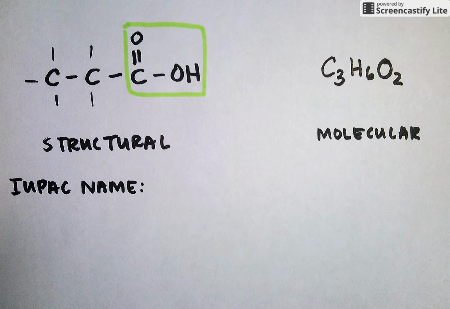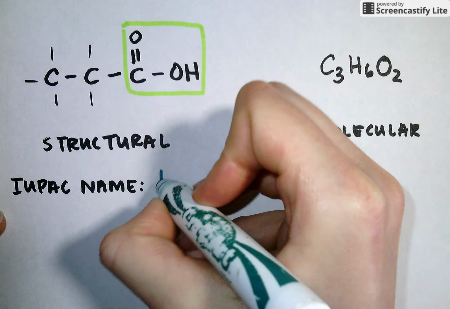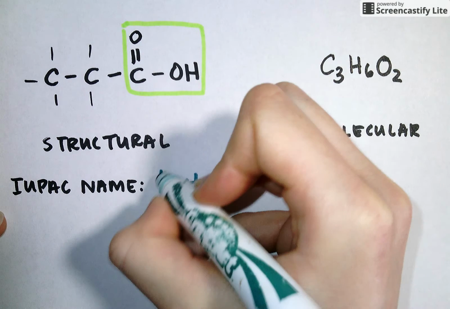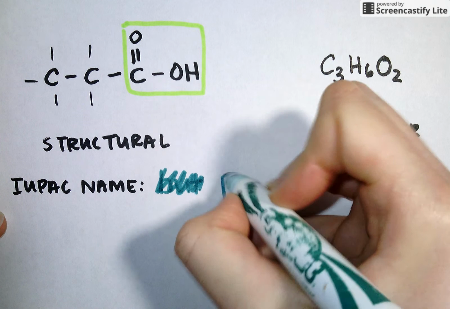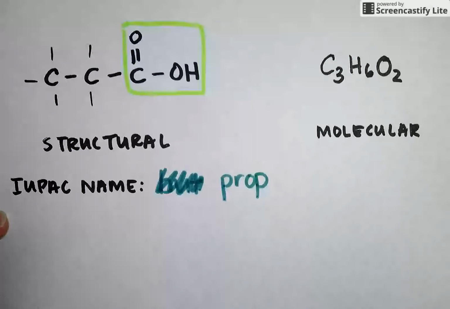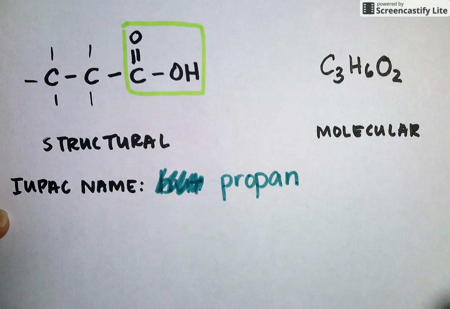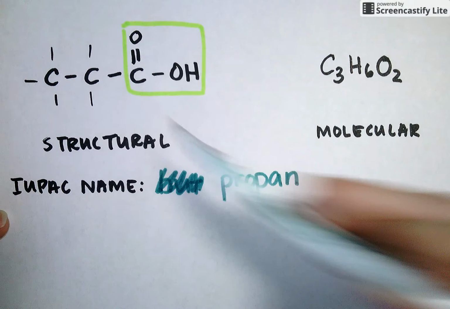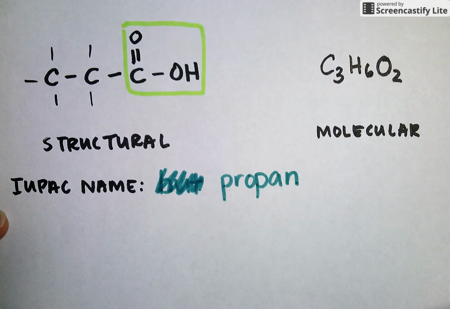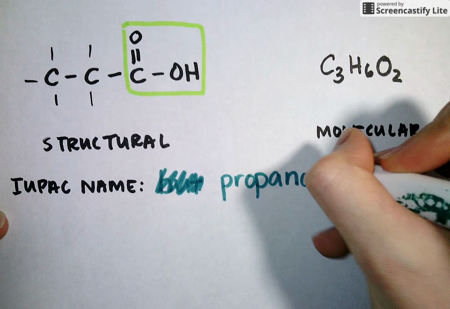And that's to take my number of carbons. Oops, not 4, just 3, right? So prop. And I'm going to denote that those 3 carbons are connected by single bonds by using the an of your alkane ending. And then I'm going to end it with the organic acid characteristic name ending, which is oic acid.